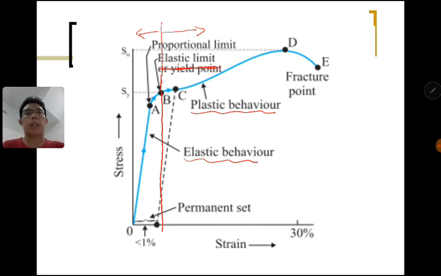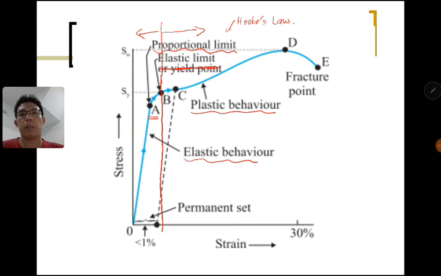Then you notice that there is another point here called the proportionality limit. We have seen this term in Hooke's law. And then we have this term elastic limit. These two points are different, and you have to understand it.